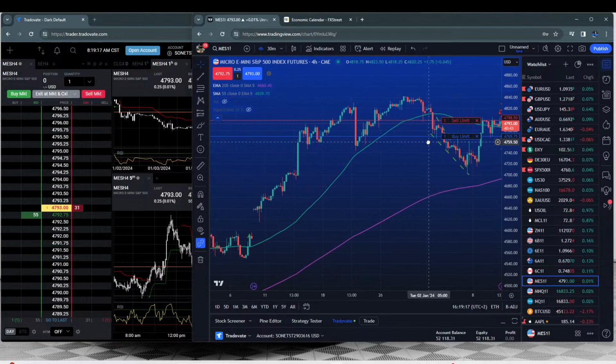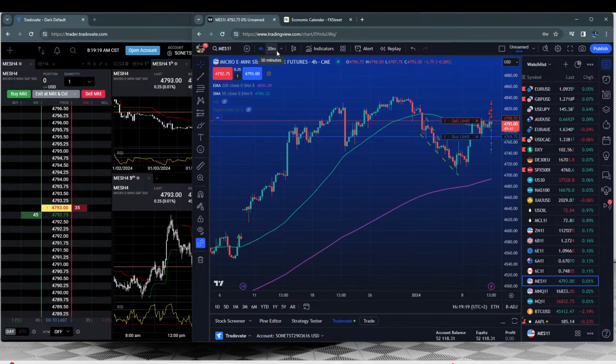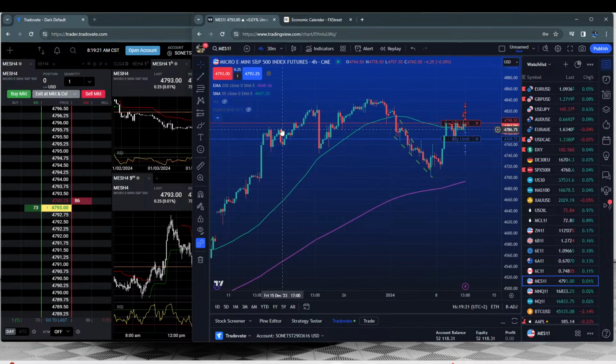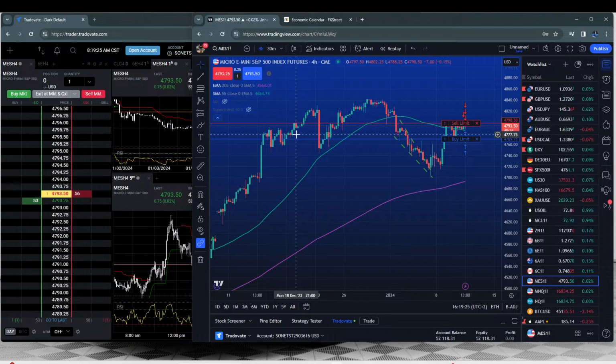So it's interesting to see what will happen. Currently we can say that we are trading sideways, so in the short term we can have wicks in both directions.